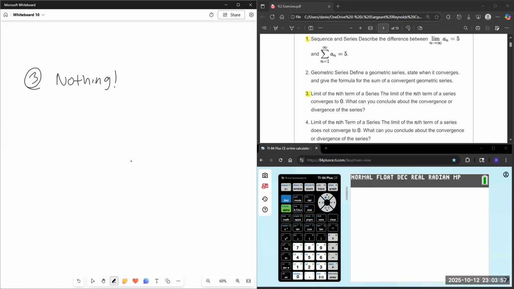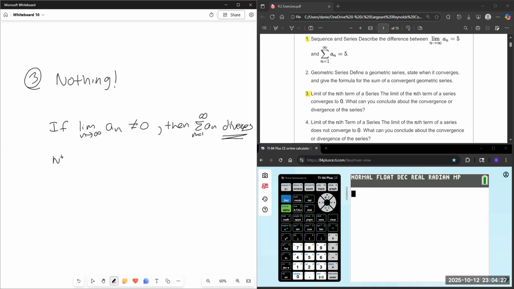So the nth term test for divergence, which we'll use later, says if the limit as n goes to infinity of the nth term of the series is not equal to 0, then the series diverges. This is a test for divergence.